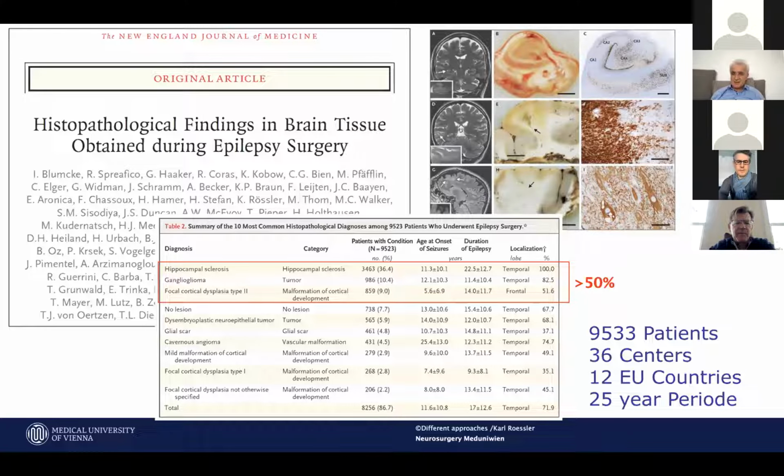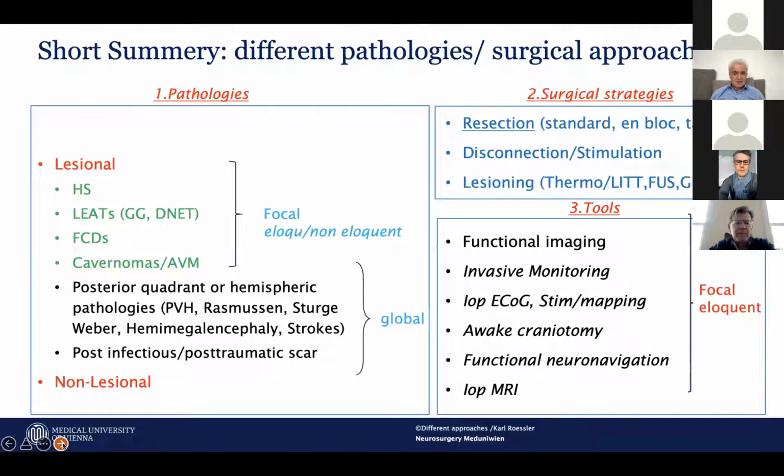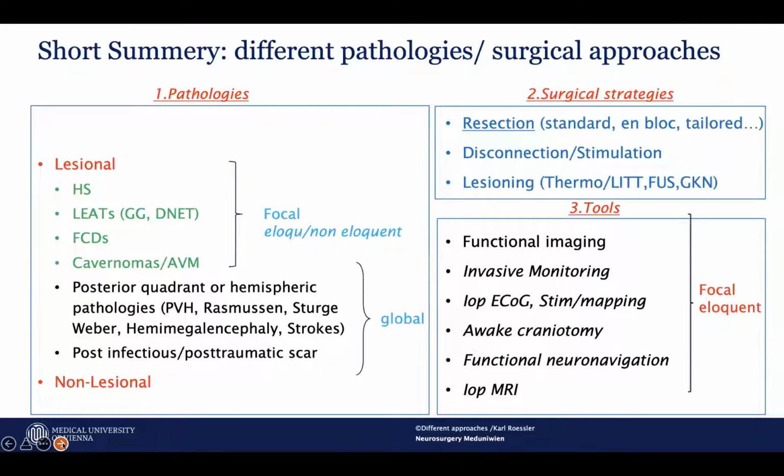That is hippocampal sclerosis, ganglioglioma, and focal cortical dysplasia. This means that most of the pathologies we are operating on are focal pathologies.